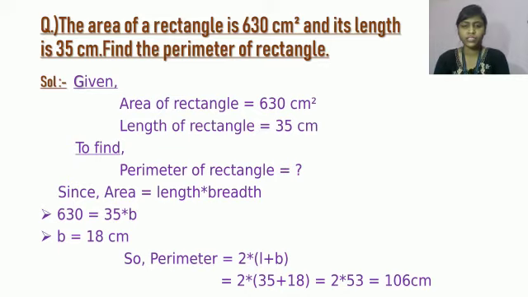So perimeter is equal to 2 times (length plus breadth), that is 2 times (35 plus 18), that implies 2 times 53, that is 106 centimeter. That is, the perimeter of the rectangle is 106 centimeter.